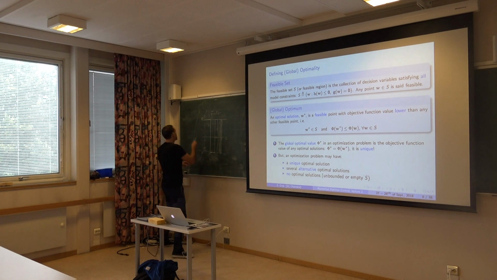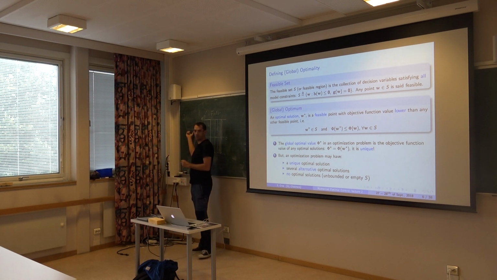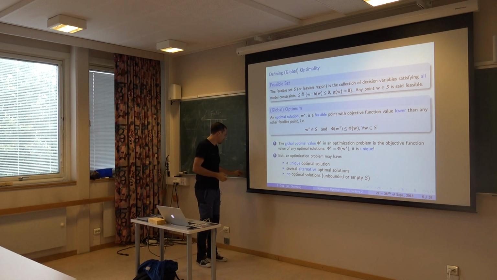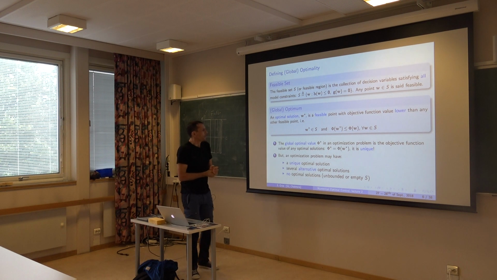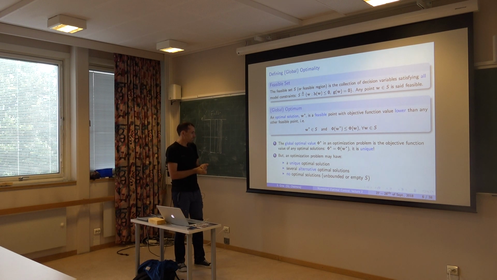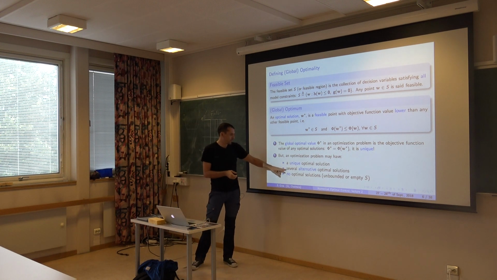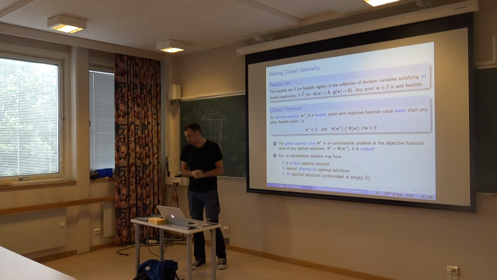An example would really be a cost function that looks like this, with a flat domain here. Actually, you even have a set of solutions here. And that's actually not that uncommon, even in practical problems. You can have a unique optimal solution, you may have different optimal solutions, and you can also have no optimal solution.